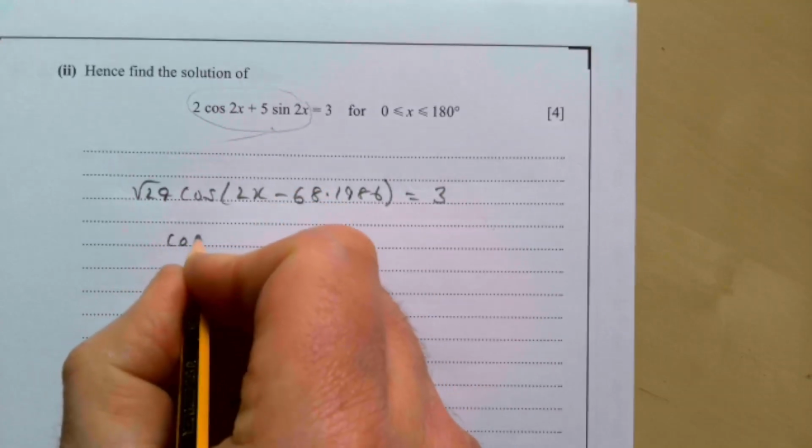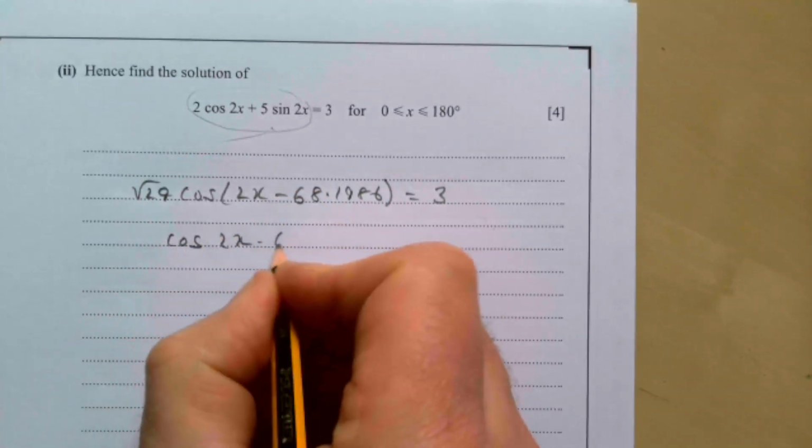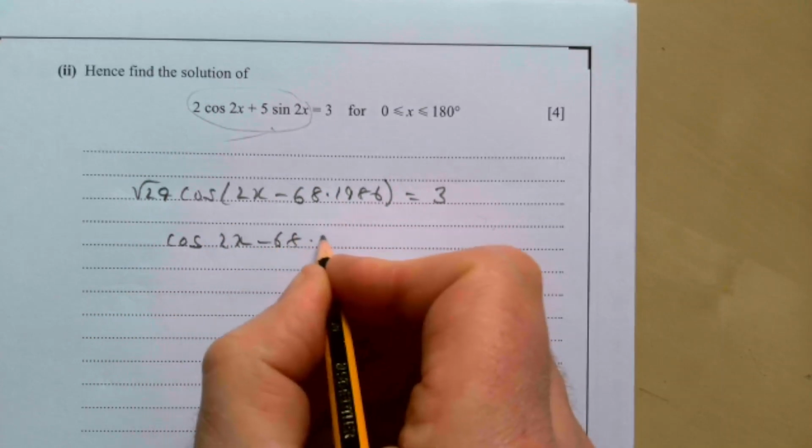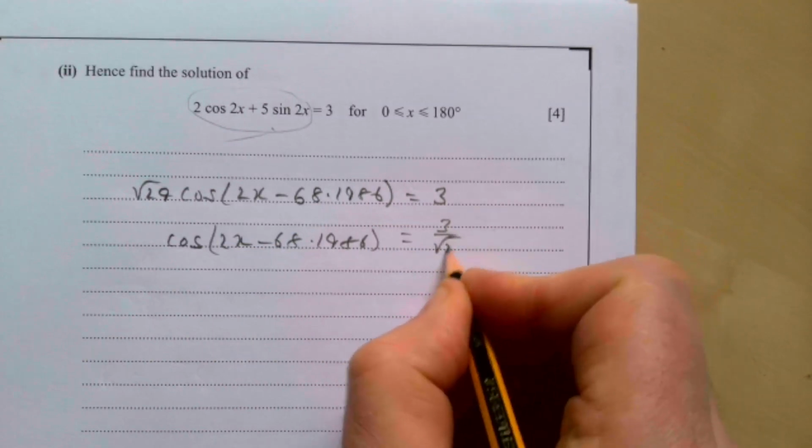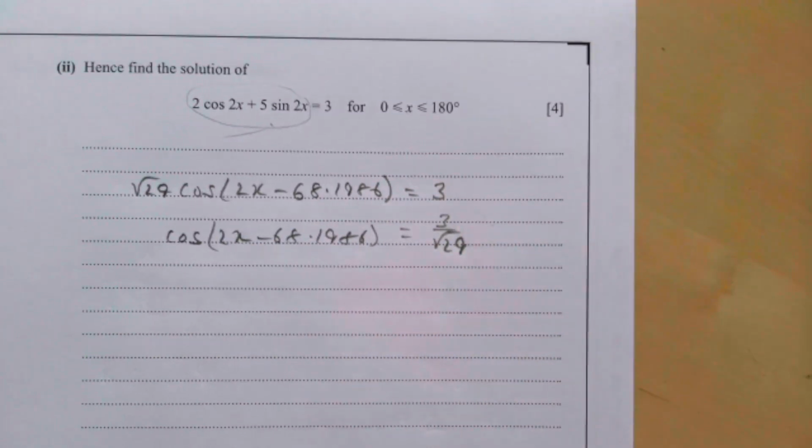That means my cos(2x minus 68.1986) is 3 over root 29.